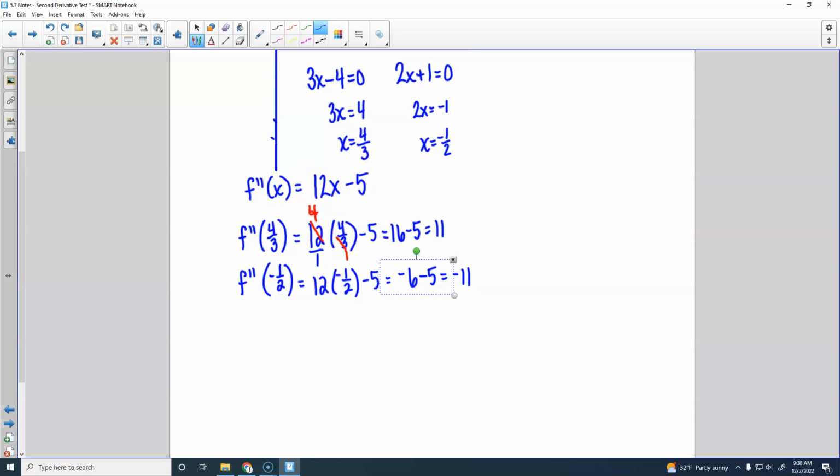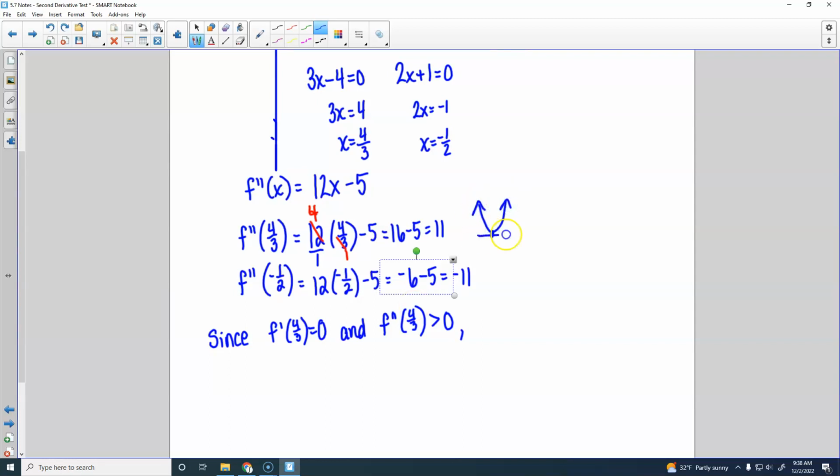So for each one of these, you're going to make a conclusion. So we would say, since f prime of 4/3 equals 0 and f double prime of 4/3 is greater than 0. All right, let's think about this. Greater than 0 means that f is concave up.